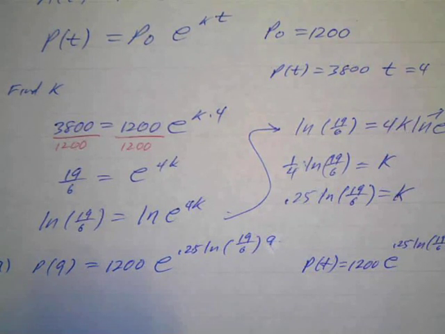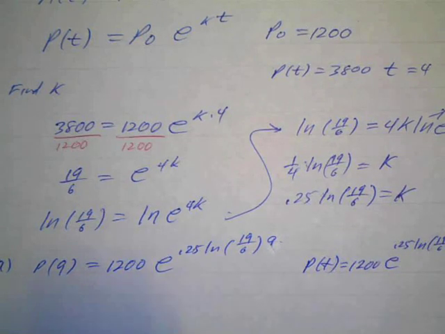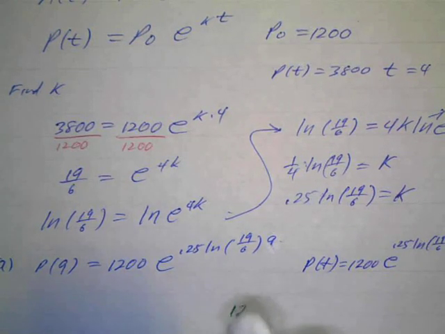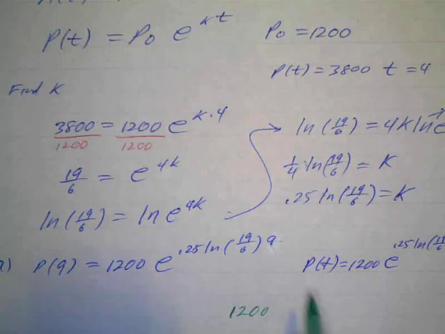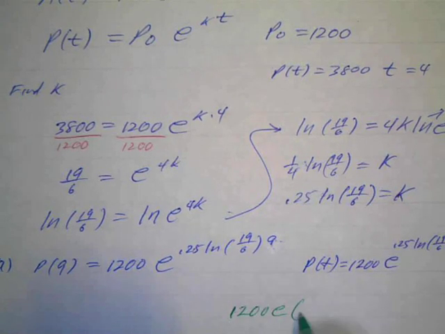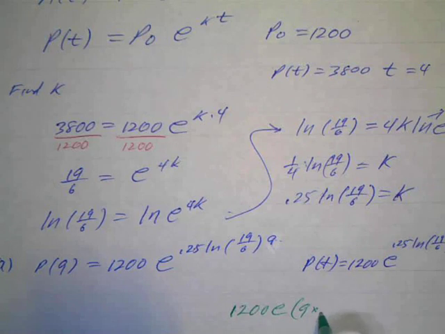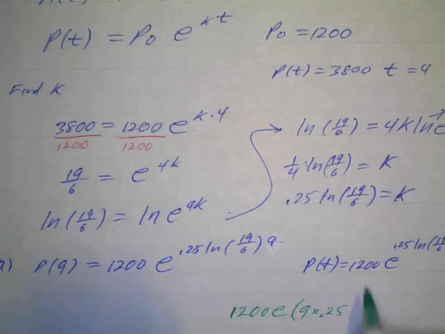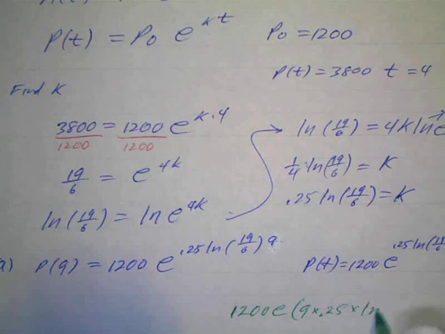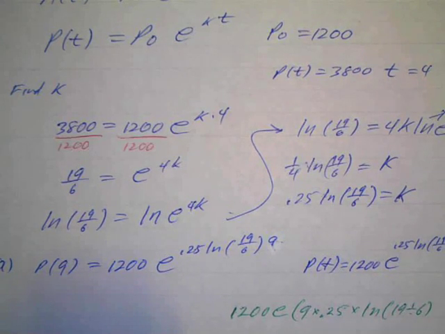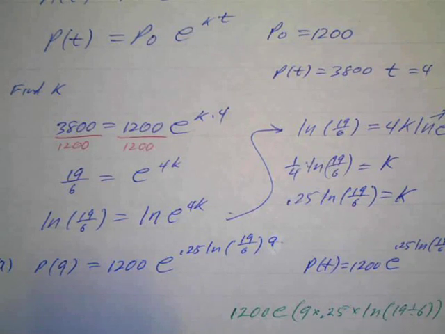So here's the way I would put this in the calculator. I would put 1200 times e, and then on our little calculators we have this, and then I'm going to put the 9 in front, 9 times 0.25 times ln of, I got to put parentheses because I got a fraction, 19 divided by 6, parentheses for that, and a parentheses for the exponent.